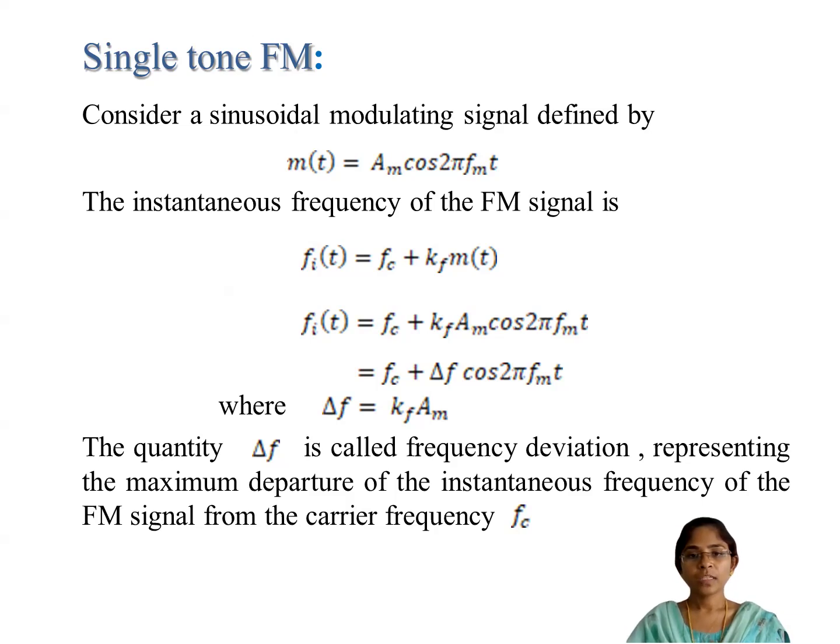Substituting M of t, Fi of t is equal to Fc plus Kf into AM cos 2 pi FMT, where Kf into AM is known as delta F, the frequency deviation. So what is delta F? Delta F is Kf into AM, which is also known as frequency deviation. It represents the maximum departure of the instantaneous frequency of the FM signal from the carrier frequency.